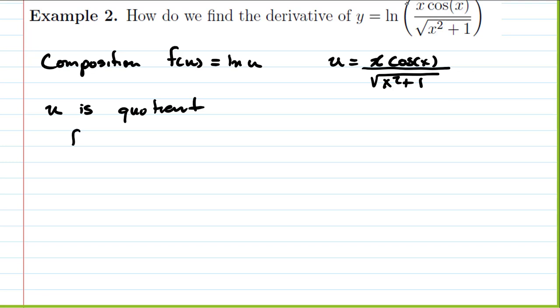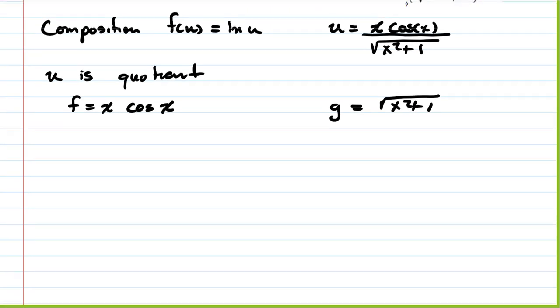So we would identify our f is x cosine x, and our g is the square root of x squared plus 1. But then, to find f prime and g prime, we would recognize that f is a product. So we would have to jump in another level, right? And inside this, we would have f is x and g is cosine x.